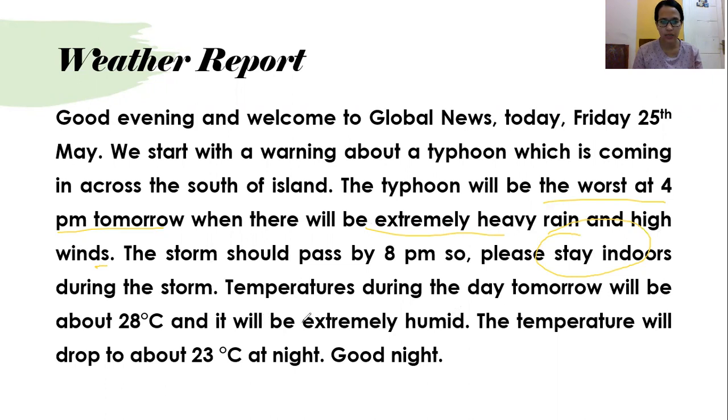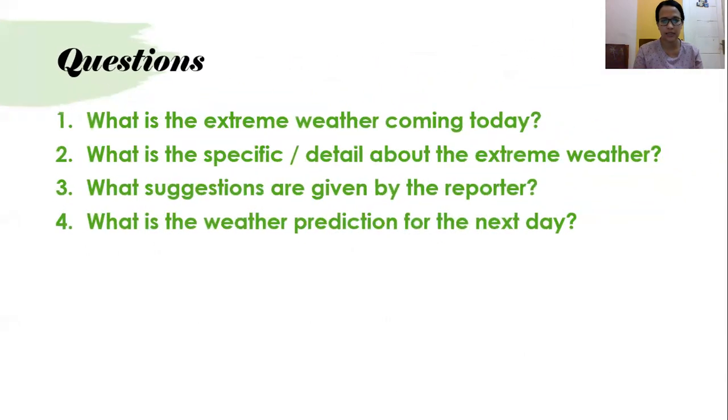Temperature will be 28 degrees Celsius and extremely humid, and drop to 23 degrees at night. Okay, so that is the answer. Make sure you understand the information in the weather report so you can answer the questions correctly: the extreme weather, specifics about it, the suggestion given by the reporter, and also the weather prediction for the next day.